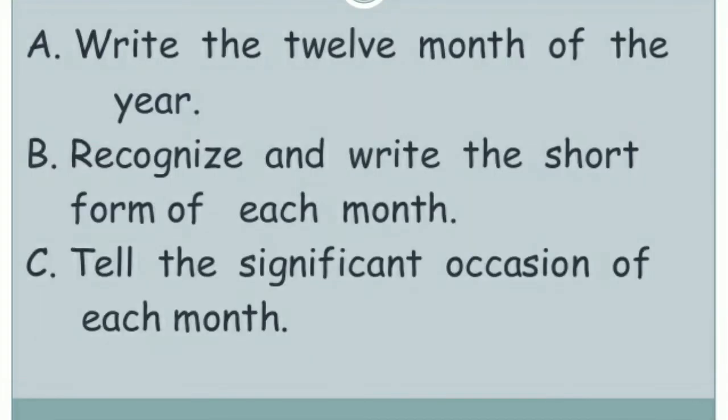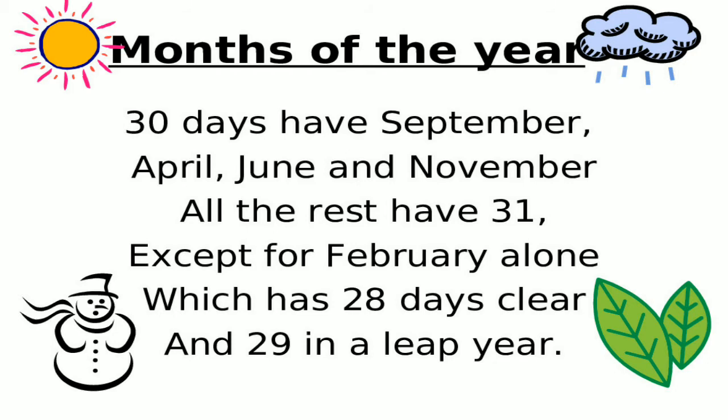We see here that thirty days have September, April, June, and November. All the rest have thirty-one, except for February alone, which has twenty-eight days.